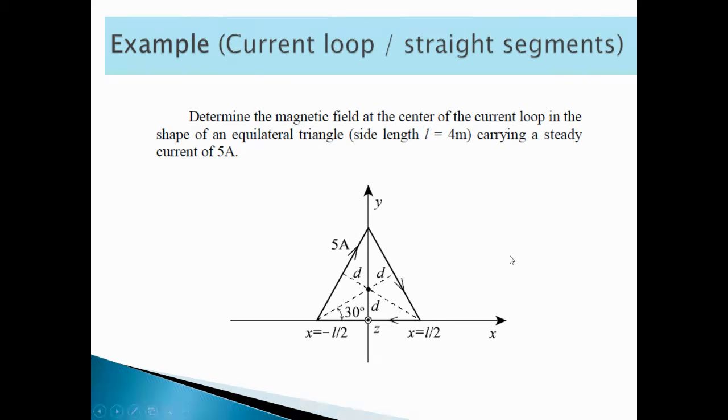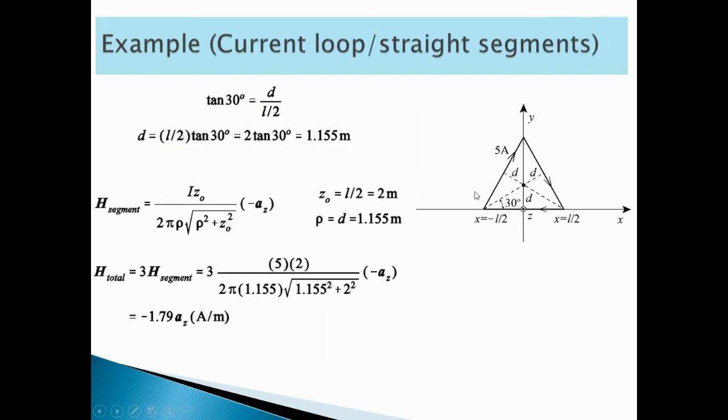Now we go to the solution. We need to find the middle point first. Since this is an equilateral triangle, the whole angle is 60, right? If you draw a line at the middle of the next side, it bisects the angle, which becomes 30.